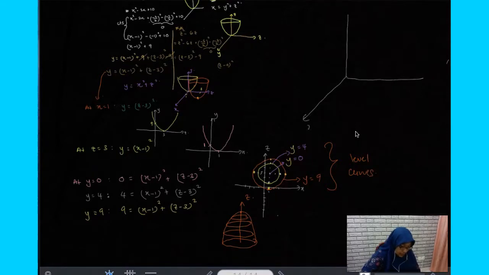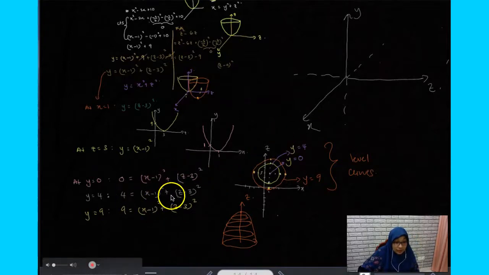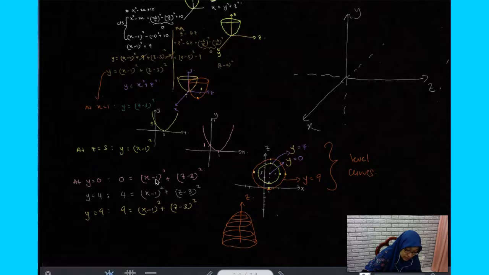So let's say I want to have y here, and this one x, and this one z. Now I have to put some scale here. The center is based on your level curves. You can see that the center is at (1, 3), so 1, 2, 3, somewhere here.